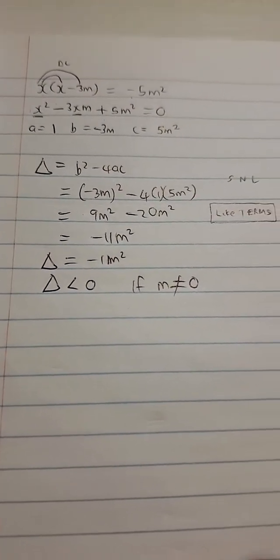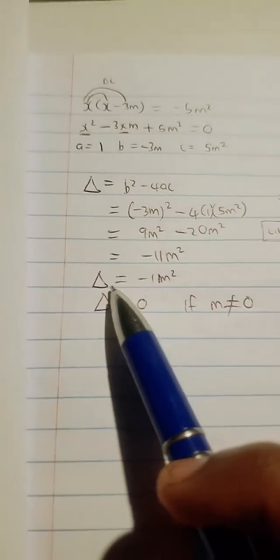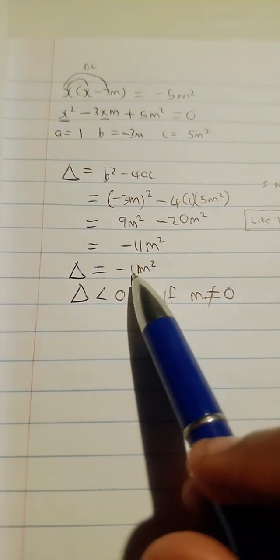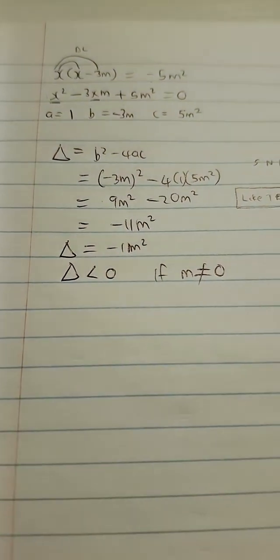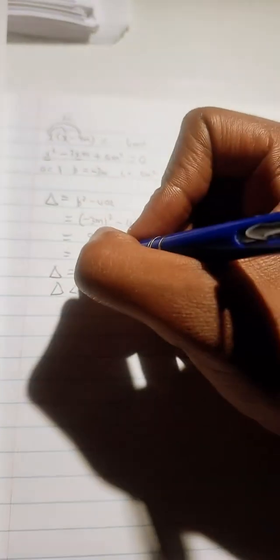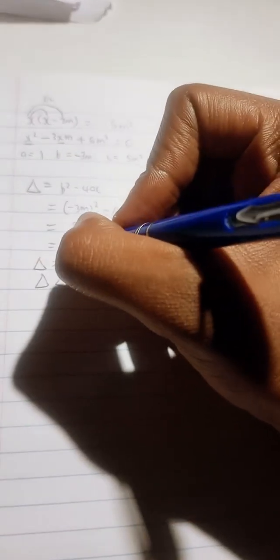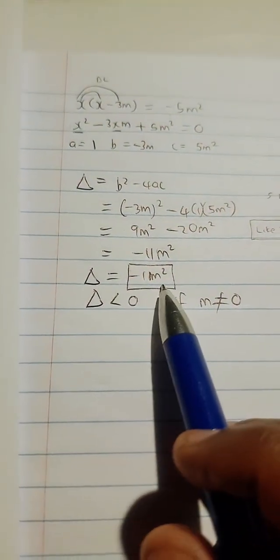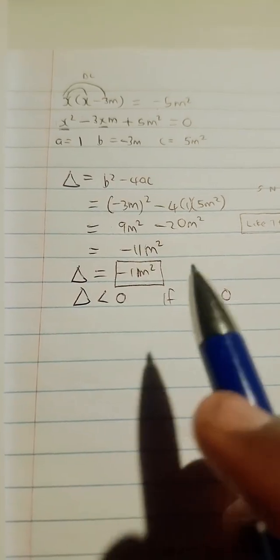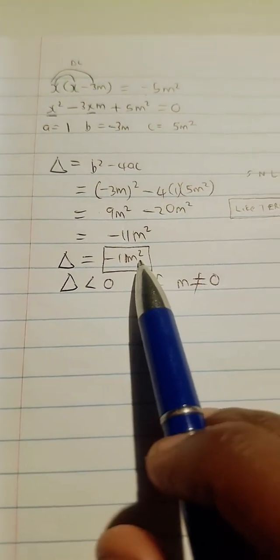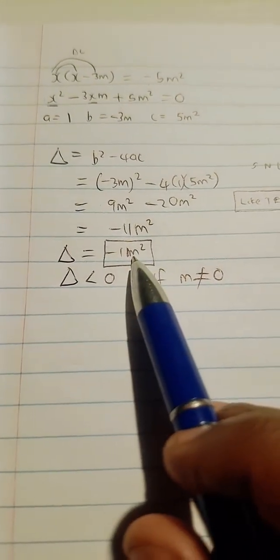I have accepted that my delta value is going to be negative 11m squared. You remember I told you guys that for show that and prove that, in most cases you get an expression in your answer for delta. But this expression will have a variable, not the main character variable, but the supporting cast variable.